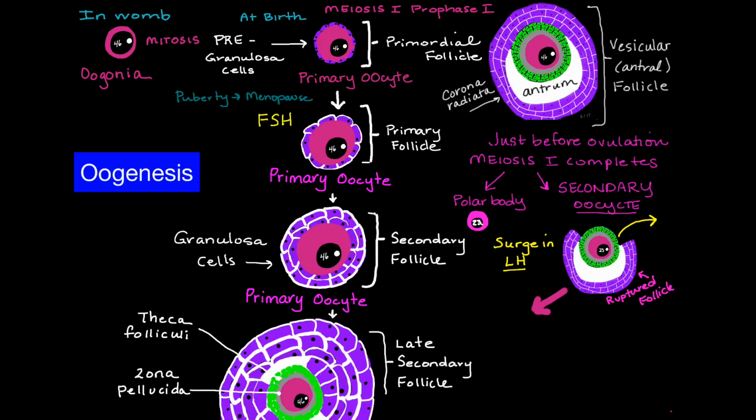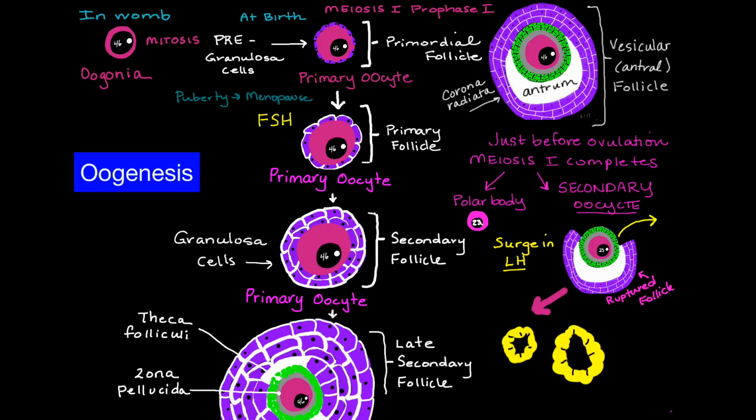Okay, so now this ruptured follicle sticks around in the ovary and starts to become what's called a corpus luteum. Corpus luteum literally means yellow body. It's formed from those leftover granulosa cells, and its job is that it now takes over the role of secreting estrogen and progesterone.